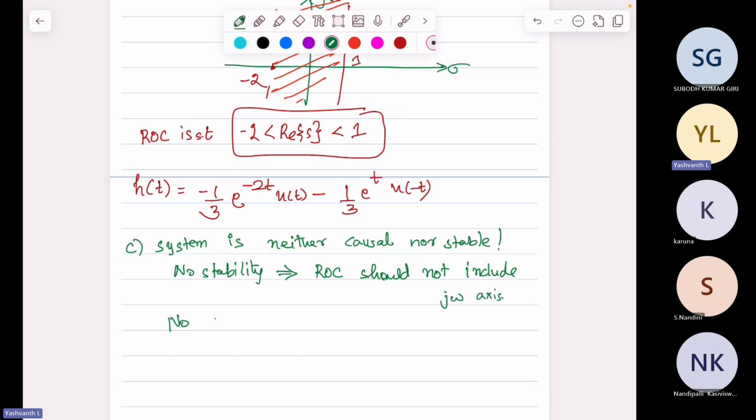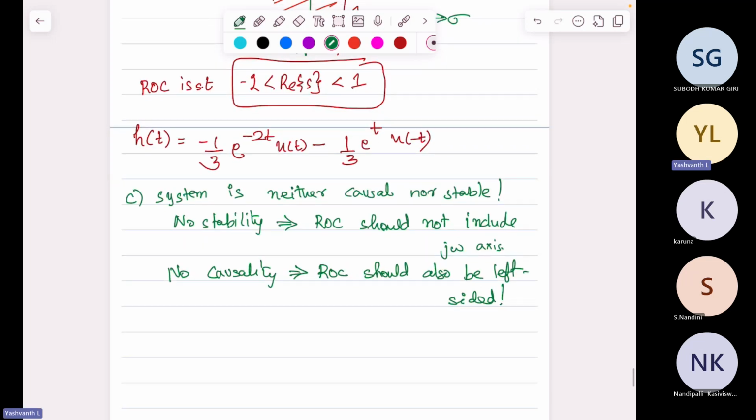And no causality means ROC should also be left-sided. It can be right-sided, but it should also contain left-sided. Only then it will not be causal. It will also be left-sided.